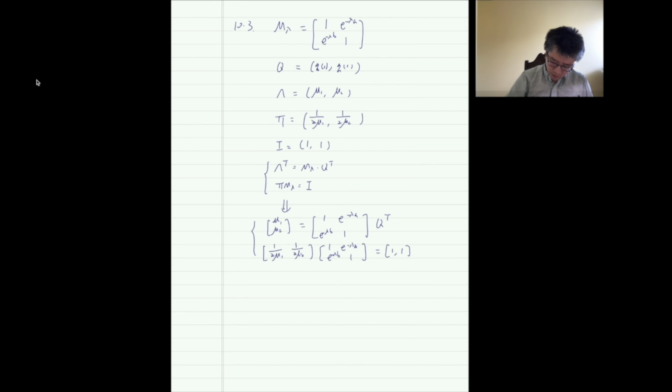Now from the second one we can obtain that pi equals this, which equals 1 1 multiplied by the inverse of this.